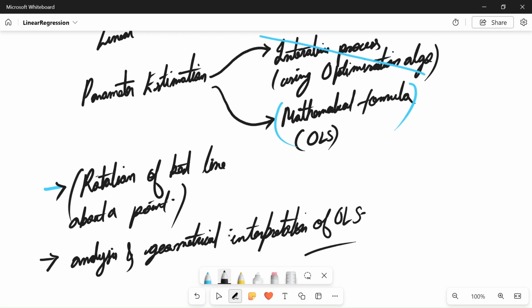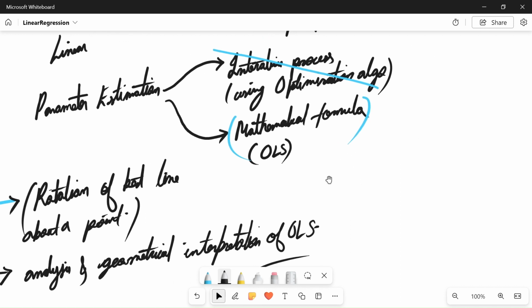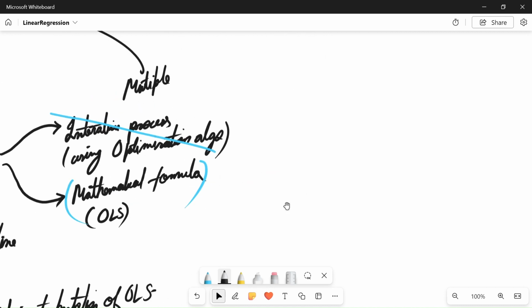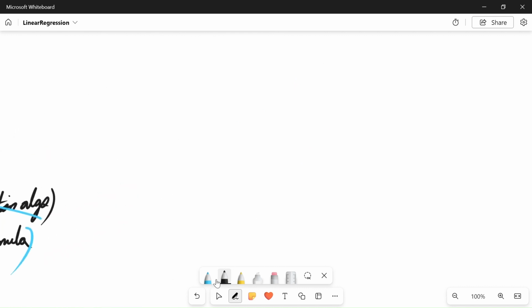You don't need to be a mathematician to go through this particular segment, the first segment. But yes, you do need some basic knowledge about differentiation, I'm sorry, to get through. So rotation of the best fit line about a point. This is our first point of discussion.